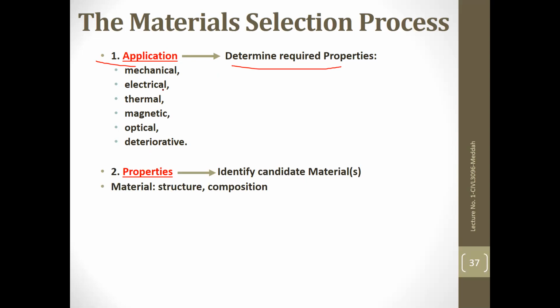So once the application is determined, the properties required for that specific application will also be determined. And based on the properties, you can identify the material or materials that can be used in that application.